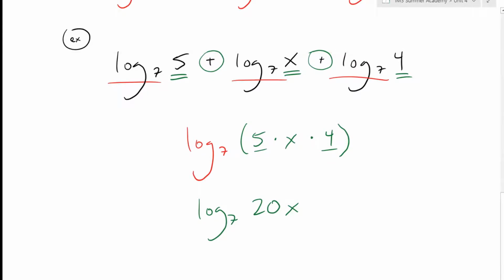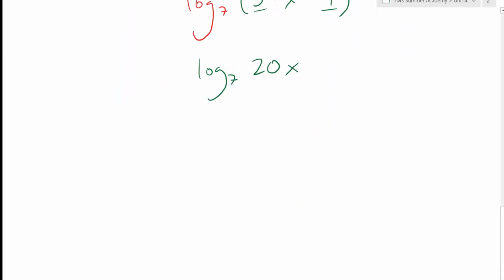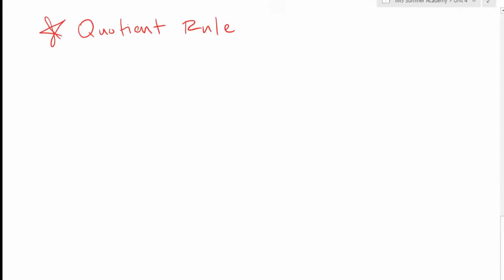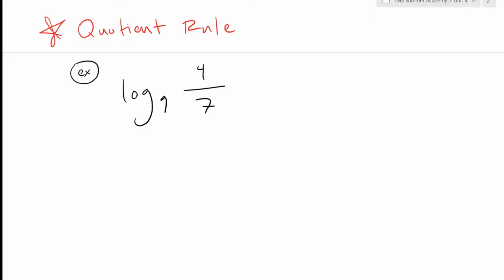Let's take a look at the next one. The next one is going to be quotient rule. So this is when we see division. And division is going to become subtraction. Just like multiplication became addition, division is going to become subtraction. So we've got log base 9, 4 over 7. Same thing, we're going to expand this out.